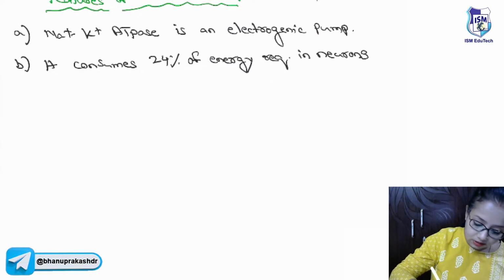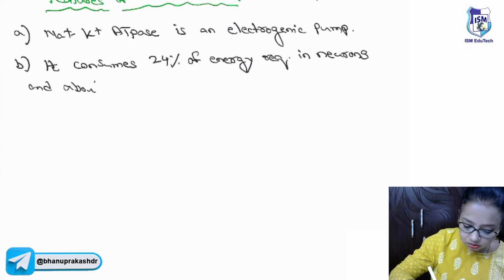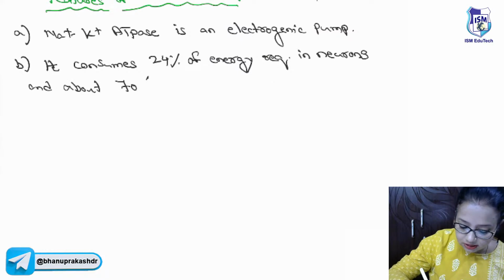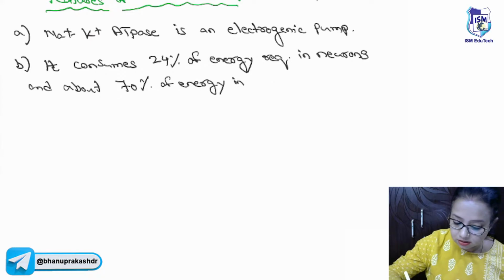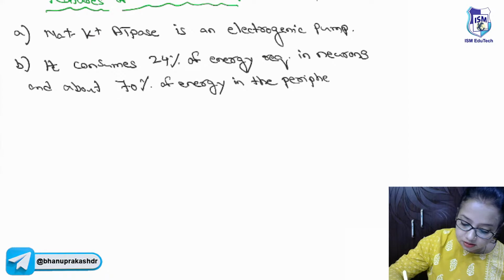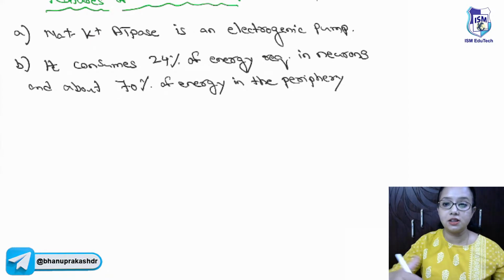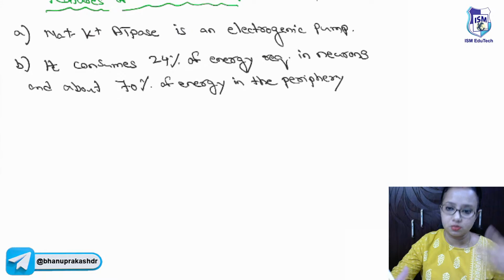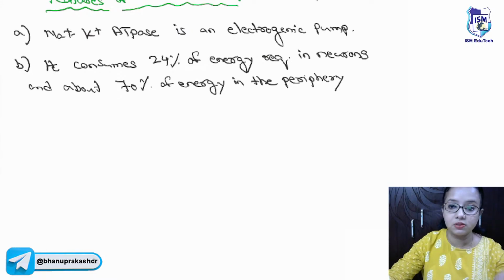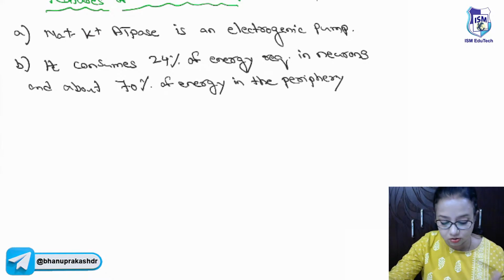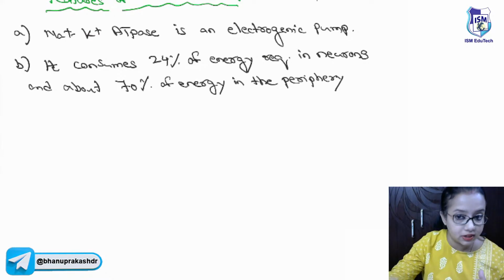Okay. And about 70% of the energy in the periphery, like the peripheral cells, other than the brain, the neurons wherever they are innervating, originating from the brain and spinal cord, whichever structure it is innervating, they are 24%.